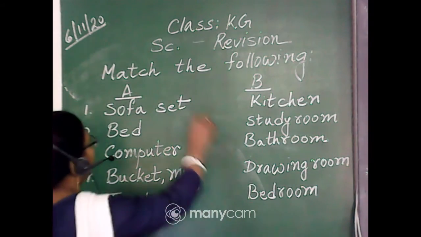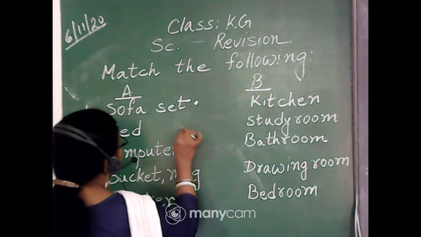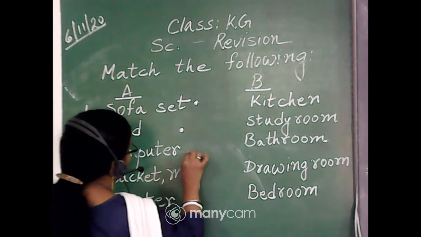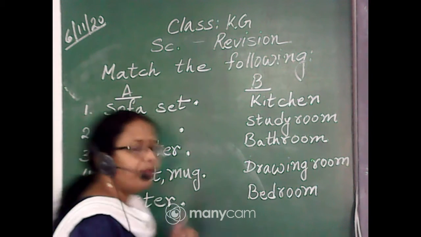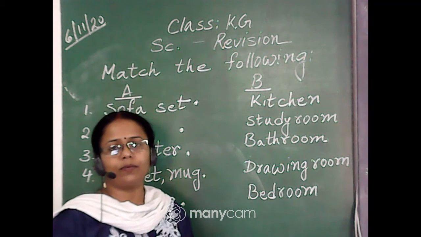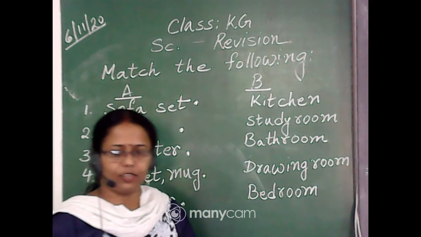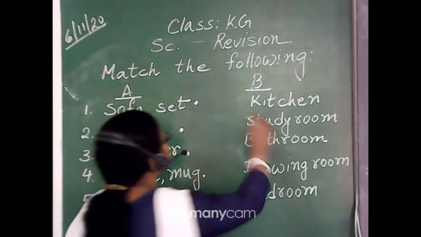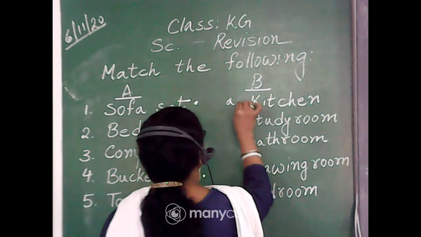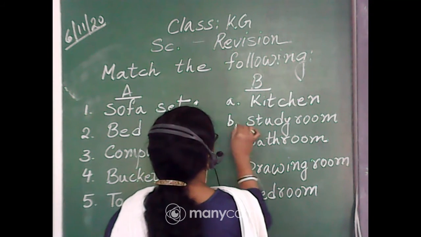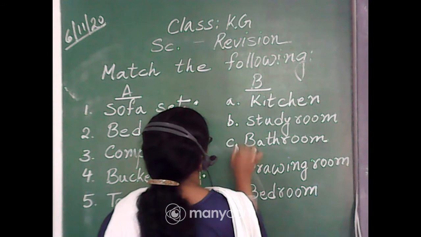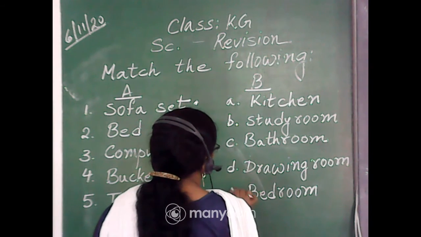So now we will first do the line matching, and then after I will rub the line and I will show you. Okay, let us first do the number matching. Okay, so here it becomes digital. It was in numbers, right? Let it be in alphabetical order: A, B, C, D, E.